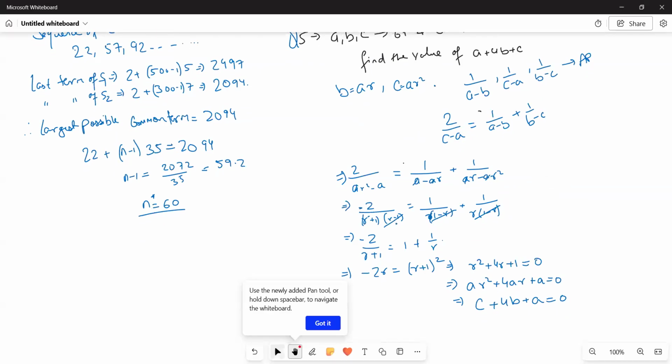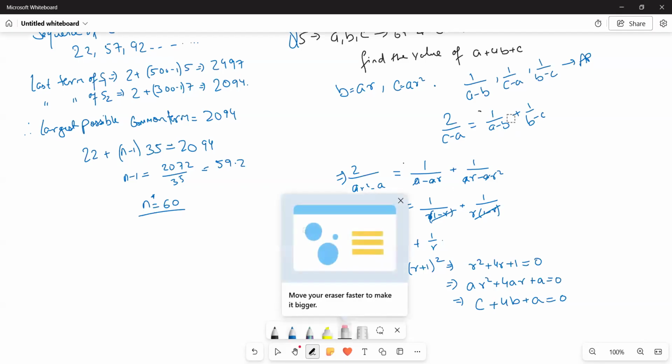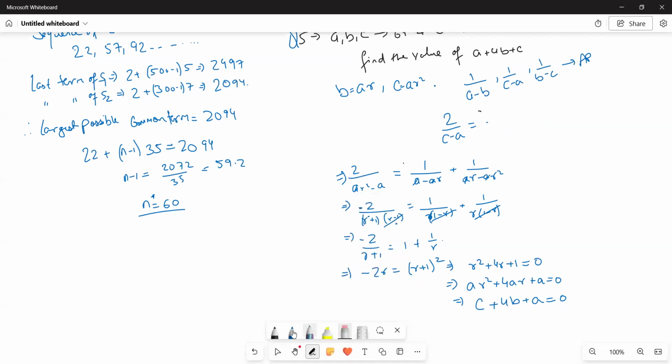But the condition for AP is if three numbers are in AP, then 2B must be equal to A plus C. So we apply that and get 2 by C minus A is 1 by A minus B plus 1 by B minus C. And then बस value plug in करके simplify.